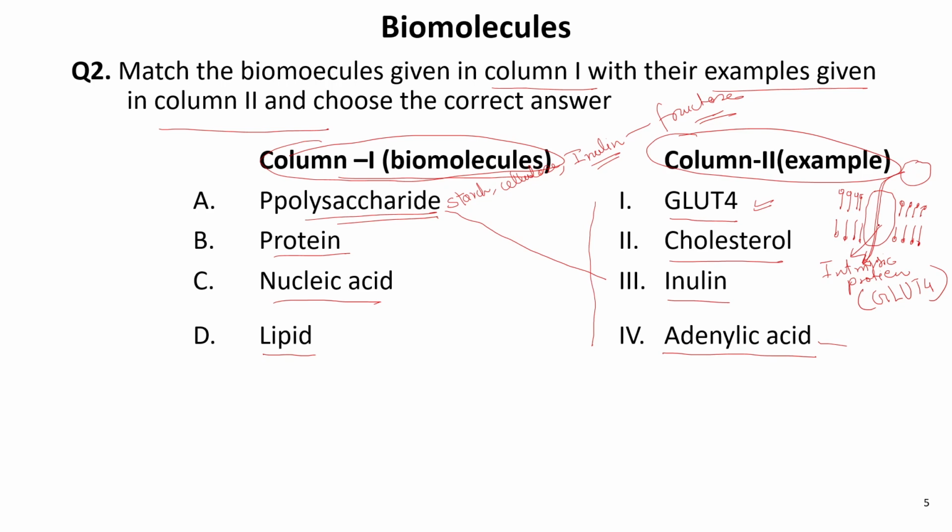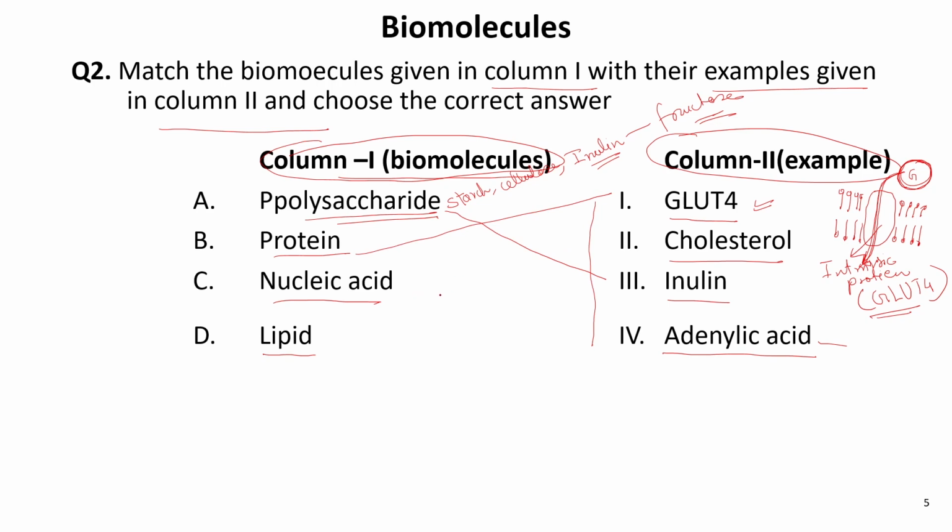The hormone insulin doesn't actually come inside the cell. Glucose bound by the insulin comes inside the cell through this GLUT4, the intrinsic protein. So this is the type of protein, GLUT4.